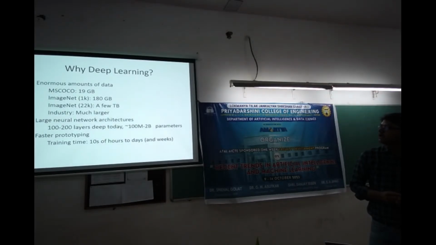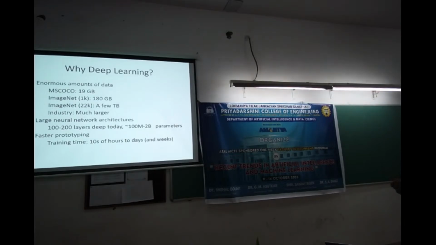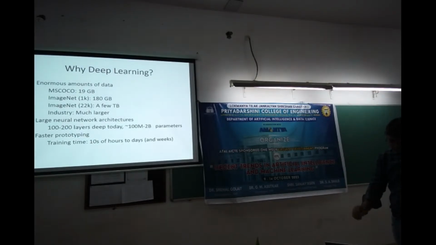Then see, 100 to 200 layers are there in a neural network. And faster prototyping means: if we train that neural network, how long will it take to train that particular model? Sometimes it may take several days to a month if we consider training on various large workstations, including GPUs.